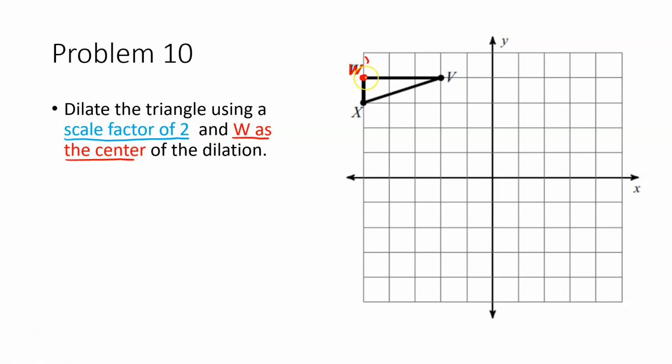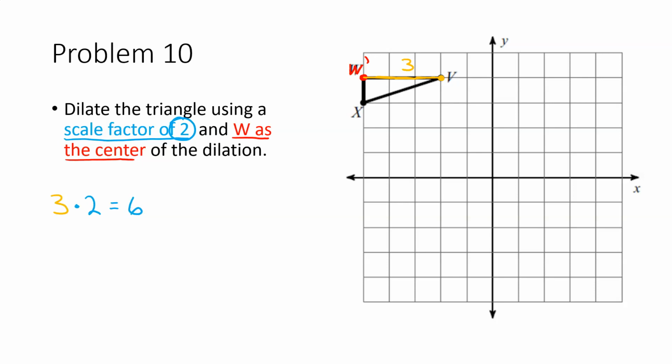So take a look at from W to V. This used to be a distance of 3 units. That's 1, 2, 3. Well, now we're going to apply our scale factor of 2. That means when you apply your scale factor of 2, you just multiply that by 2, and we get a total of 6.